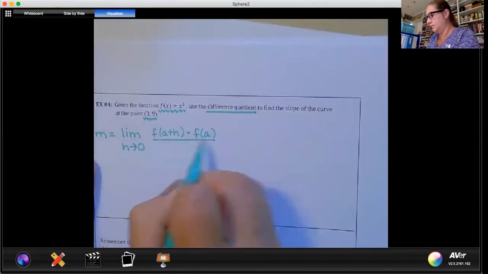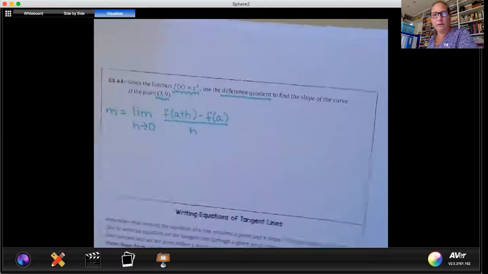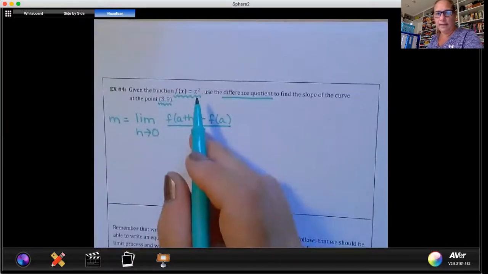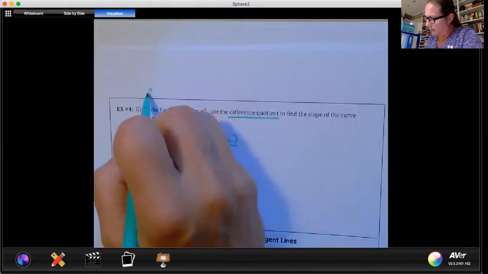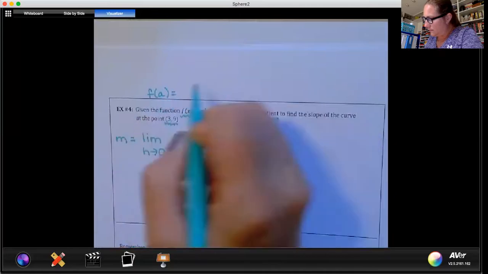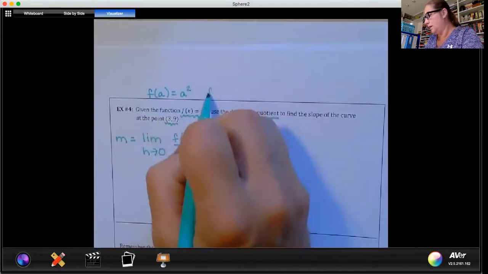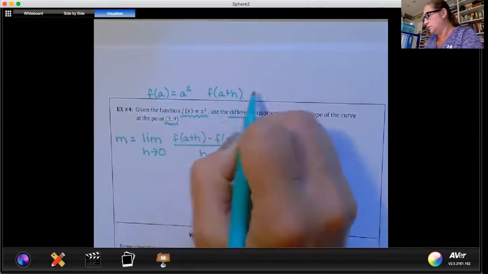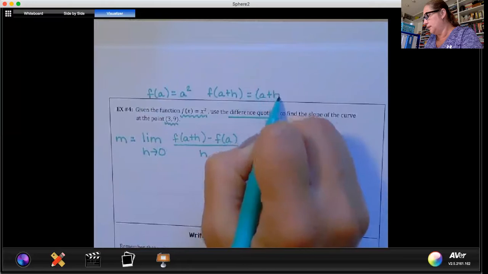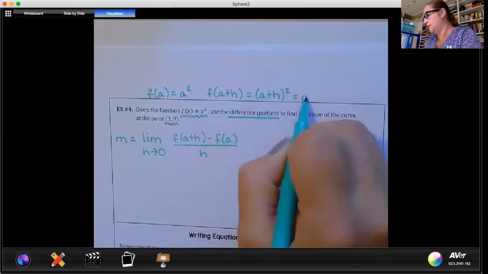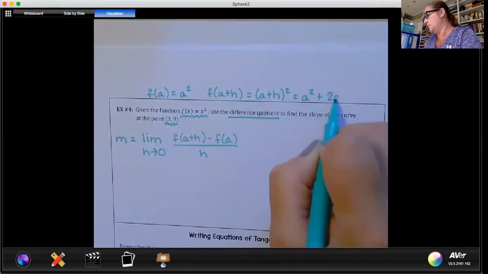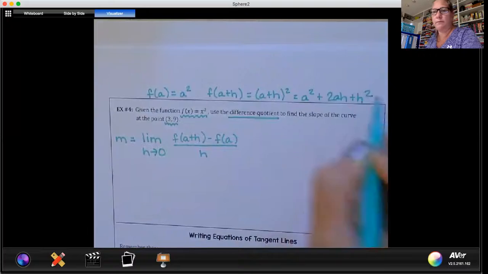And as example 3 helped us prep, now we're going to do that prep here for x squared. So if you want to write it right above, f of a would be a squared, and f of a plus h would be a plus h squared. When you FOIL it out, it is a squared plus 2ah plus h squared.